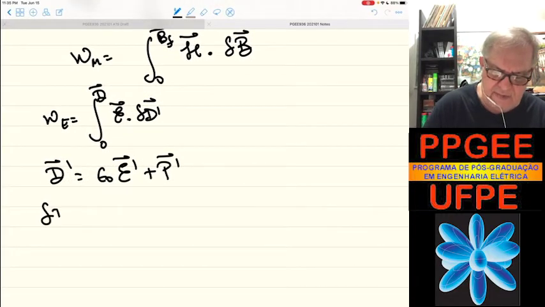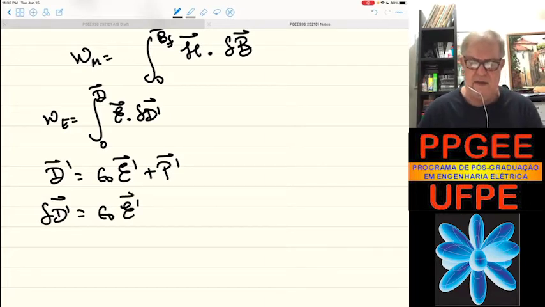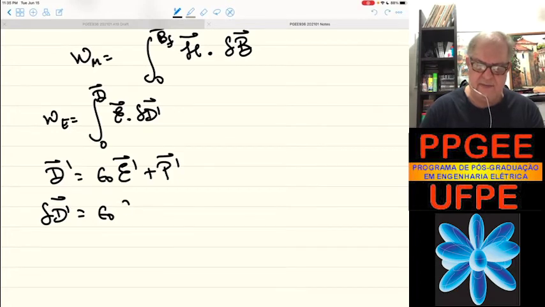So delta D prime equals epsilon 0 delta E prime plus delta P prime.